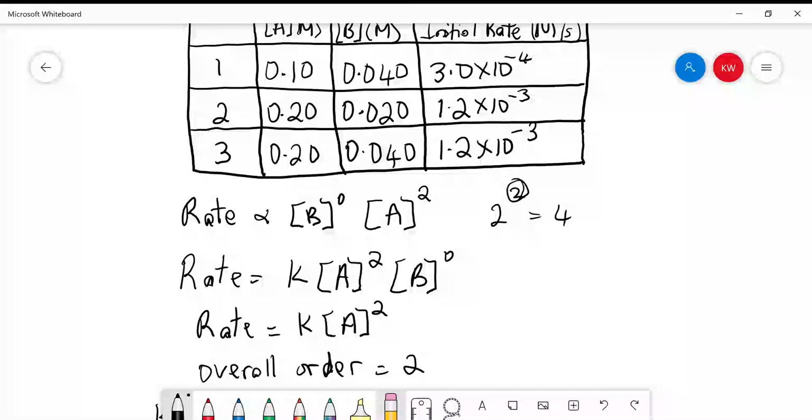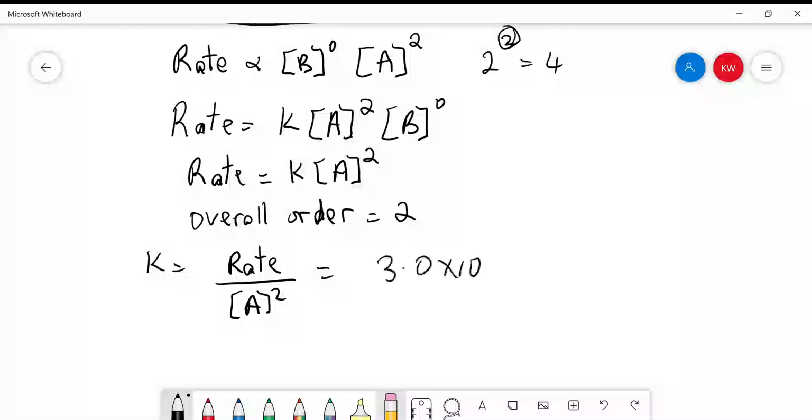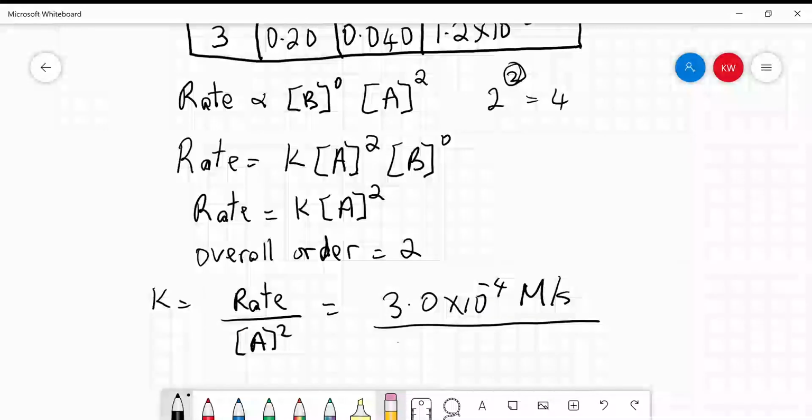So here our rate is 3.0 times 10 to the minus 4, and that's moles per second. And A, what's the value for A? A is 0.10 and it's squared, so we're going to do it 2 times. So 0.10 M times 0.10 M.